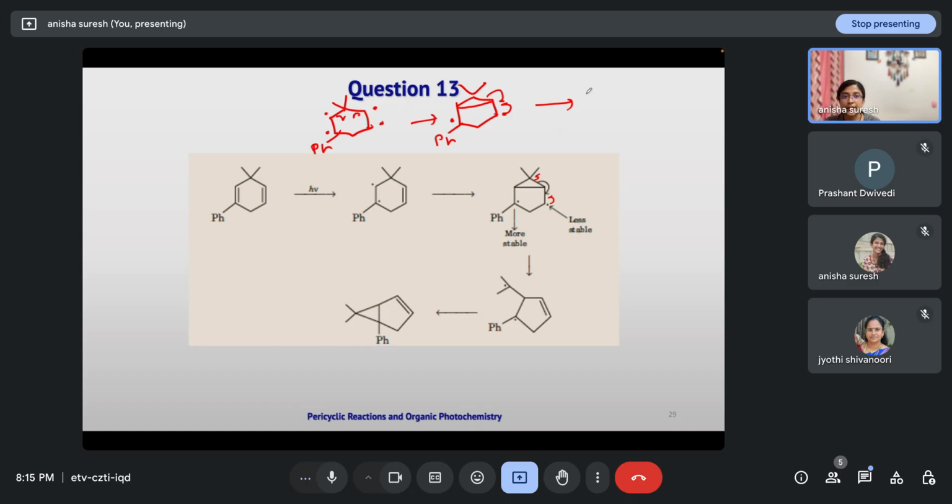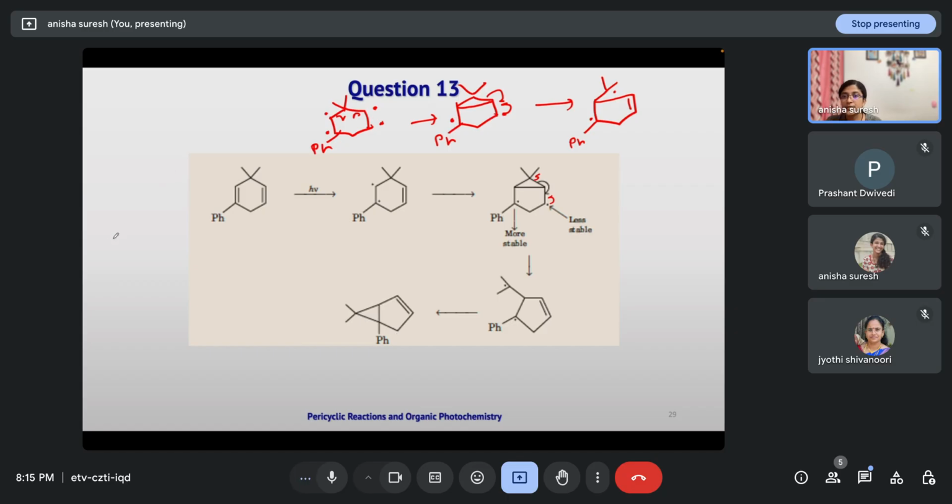This will lead to bond cleavage, leading to formation of the phenyl radical and this intermediate. Then these two radicals can recombine, leading to formation of the cyclopropane ring.